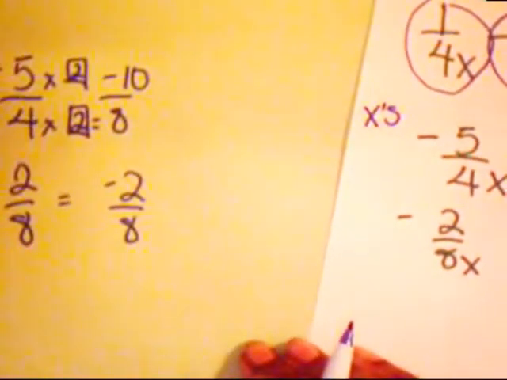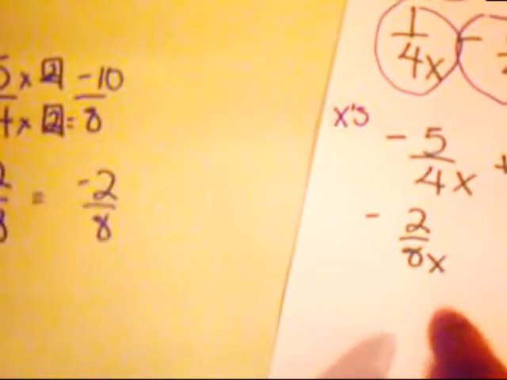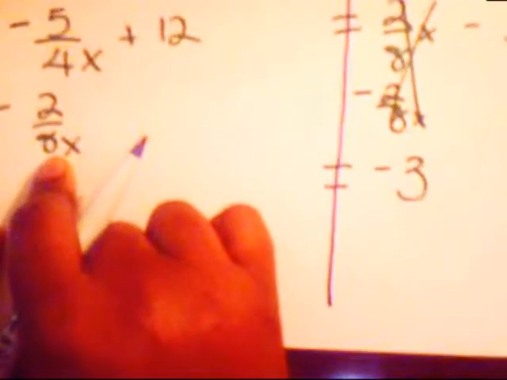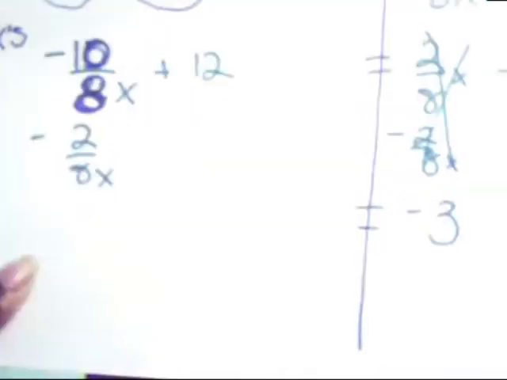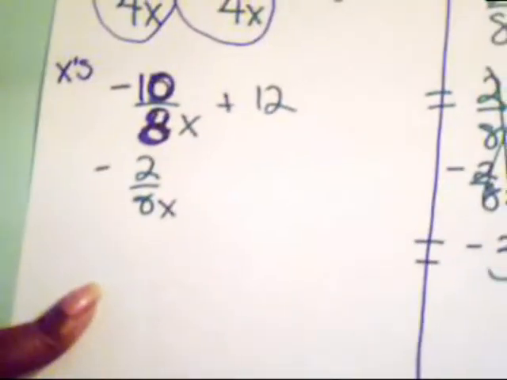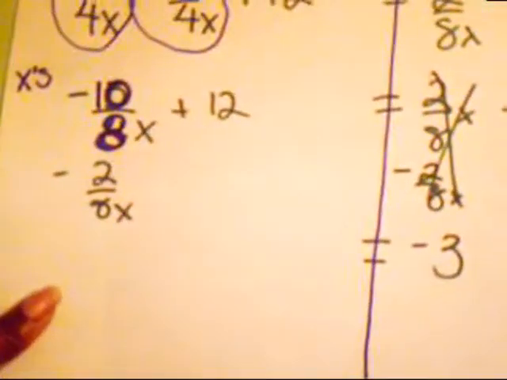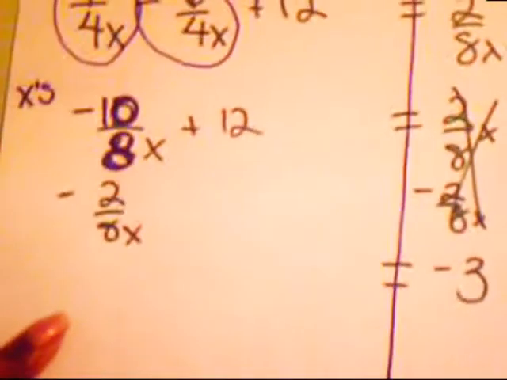So guys, when we go back over here and compare, negative 2/8 x stays as negative 2/8 x. But what used to be negative 5/4 x is now going to be negative 10/8 x. Because remember, we changed negative 5/4 x into negative 10/8 x.